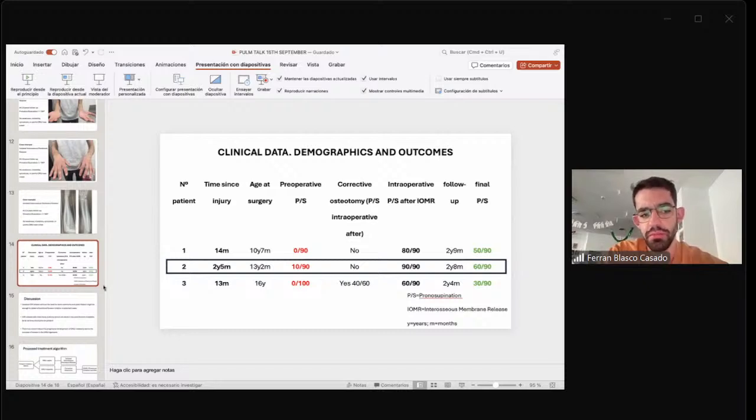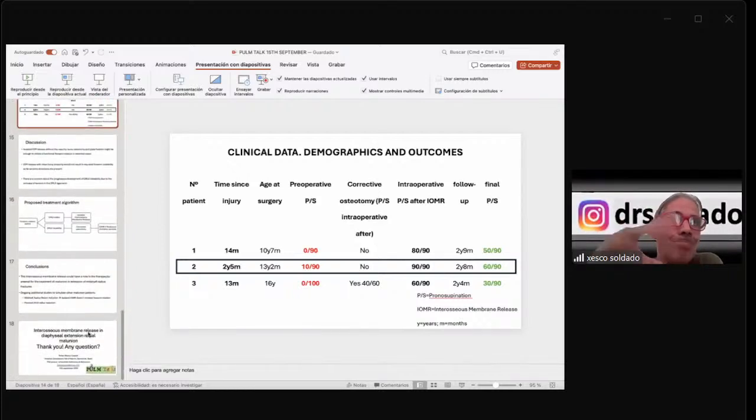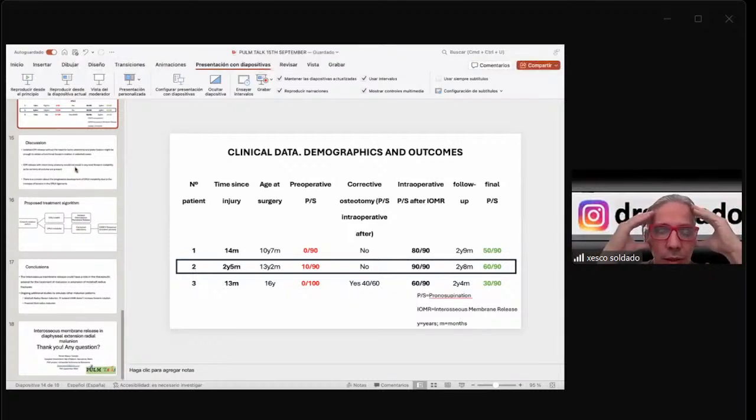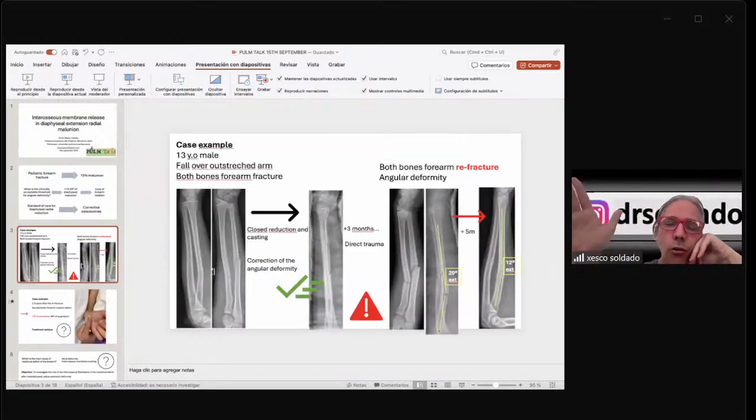Because there must be a number after which the interosseous membrane release makes no sense. Imagine 30 degrees of angulation of the diaphysis, but all of them were less than 20, right? Yes.